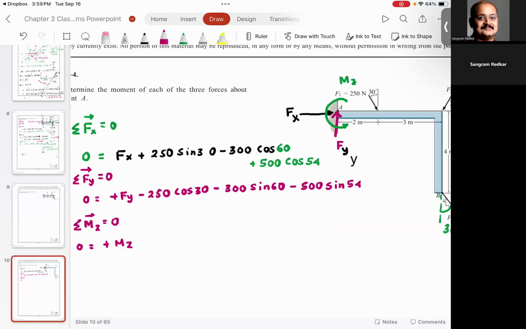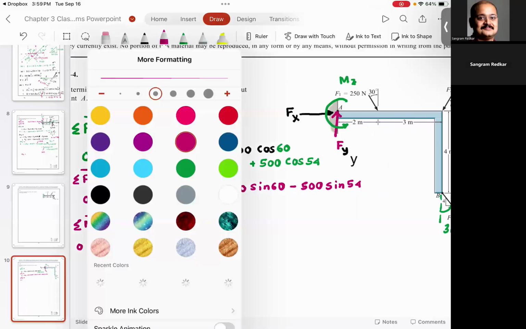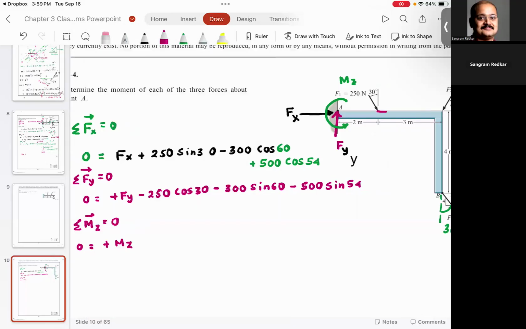Now I want you to observe this very carefully. The horizontal component of force is going to go in this direction. The vertical component of force is going to go in this direction. The horizontal component of force is passing through point A. It's not going to give you any moment. Only the vertical component of force is going to give you the moment. What is the vertical component of force? 250 cosine 30.